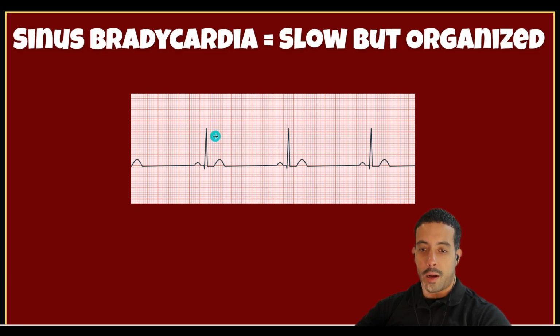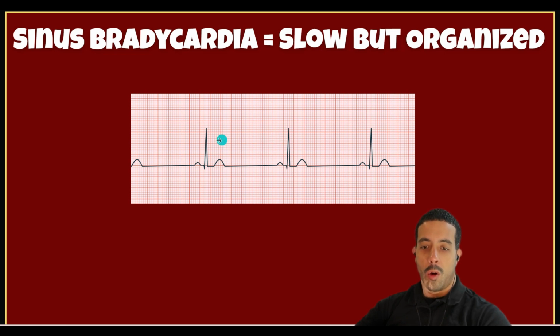So let's count the boxes. One box is a heart rate of at least 300 beats per minute. Two boxes is 150. Three boxes is 100. Four boxes is 75. Five boxes is 60. And six boxes is 50.